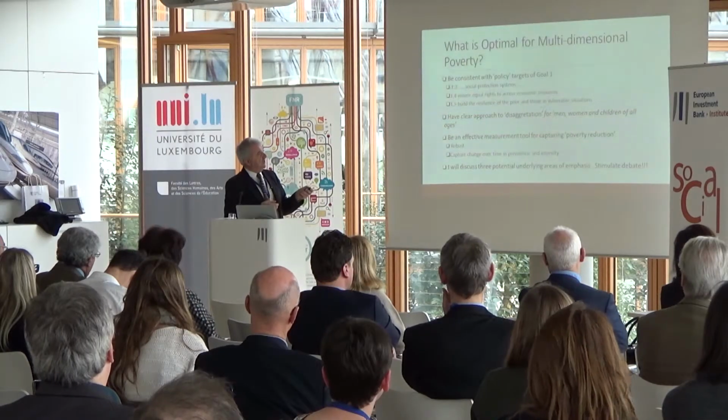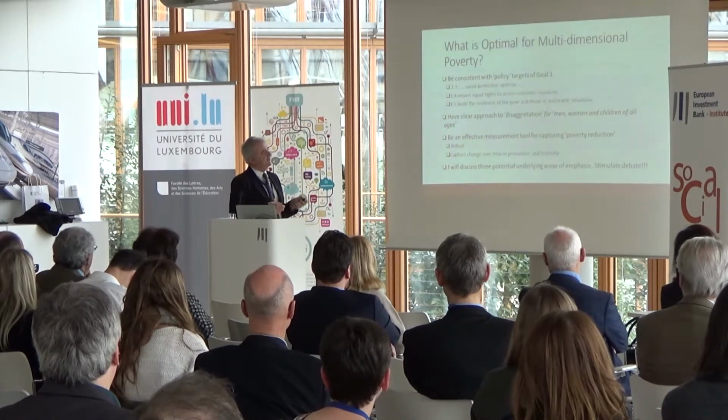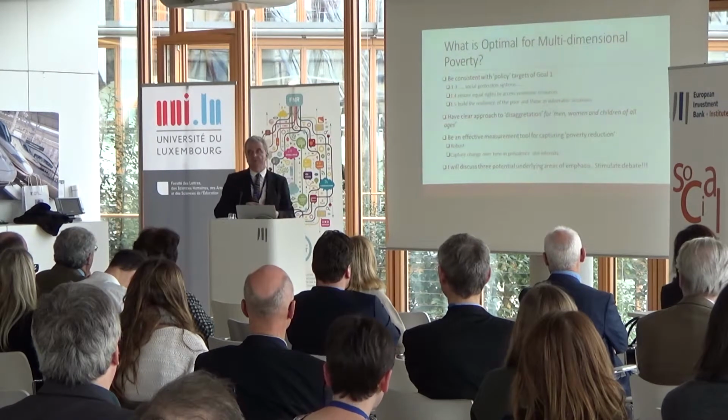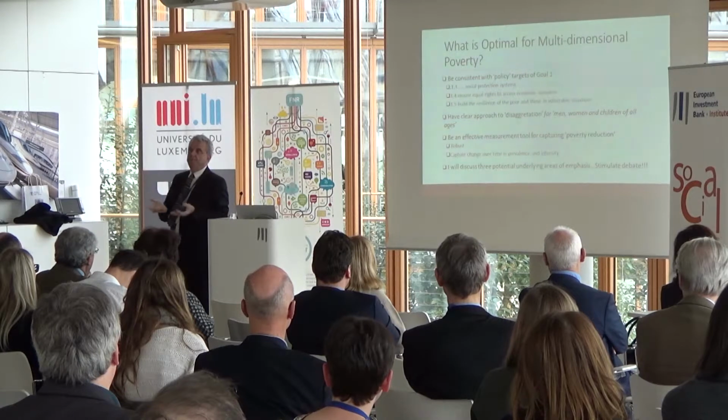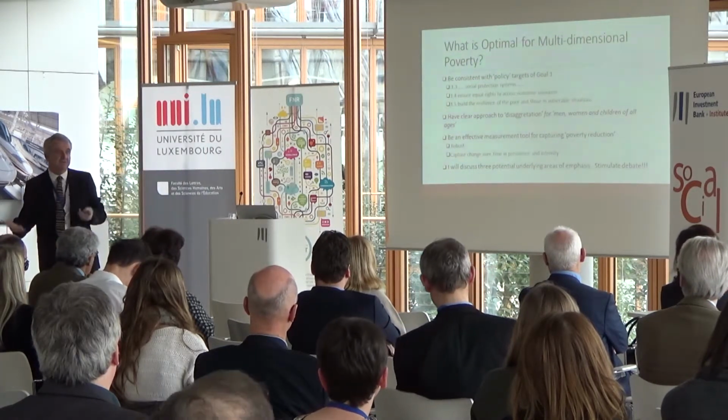We want to ensure equal rights to access economic resources, and we need to build the resilience of the poor and those in vulnerable situations. So our multidimensional poverty measure really has to help us form those policy responses if it's to be optimal.